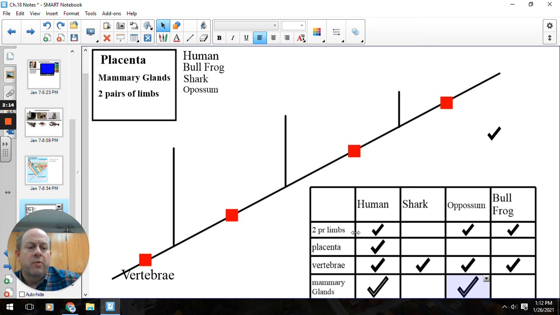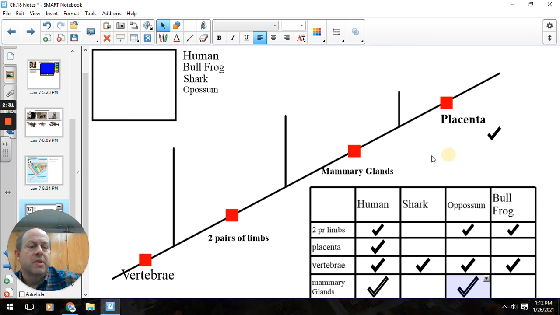What would that be? Well, the trait that has three checks would be two pairs of limbs. So we'll put that there. Then our next trait, two animals would have it and two would not. That's going to be mammary glands. And then our last trait is just going to be the placenta. Only one animal would have that, and three would not.